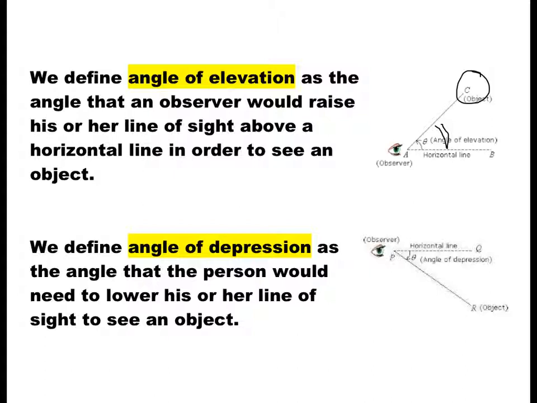That angle is called angle of depression. So this angle here is angle of depression, and the object is down below the line of view. So angle of elevation is when you look up, and angle of depression is when you look down.